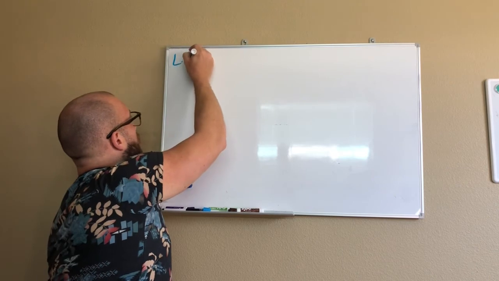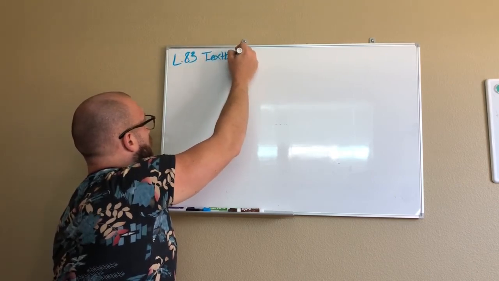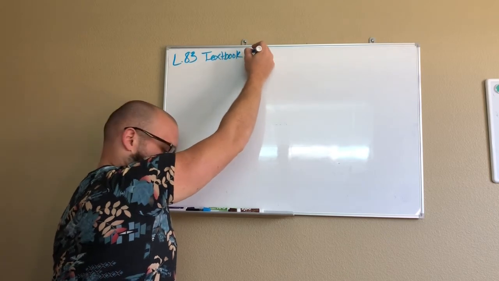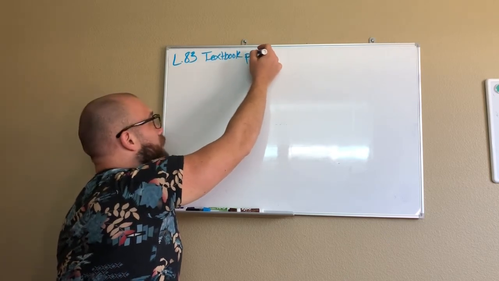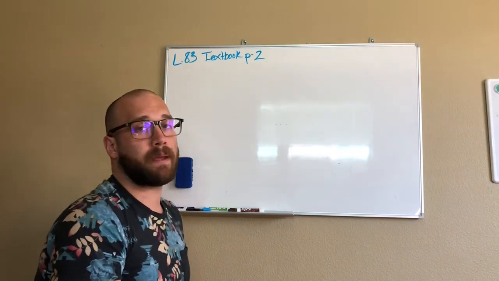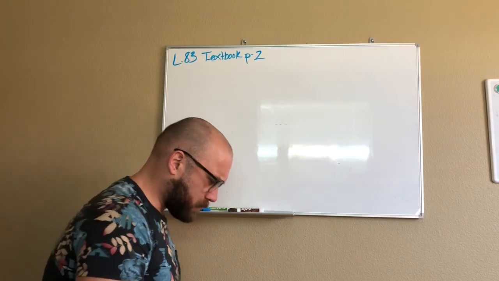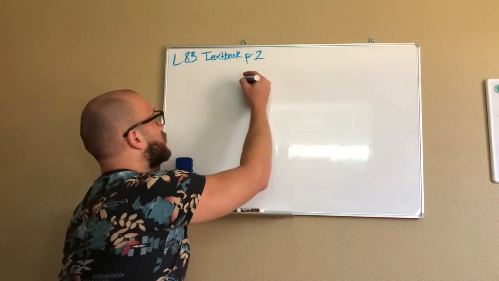Lesson 83, textbook, part 2. I'm going to do the first one with you all, and then you're going to do the remainder for independent work today. Our first one says 1/4 of the eggs were brown.